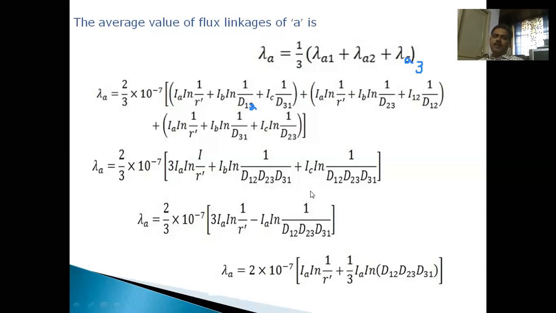Again, ln 1 by A is equal to minus ln A. That can be written using the same logarithmic formula. Ln 1 by A is equal to minus ln A. So using that formula, we can find out the average flux linkage of conductor A.